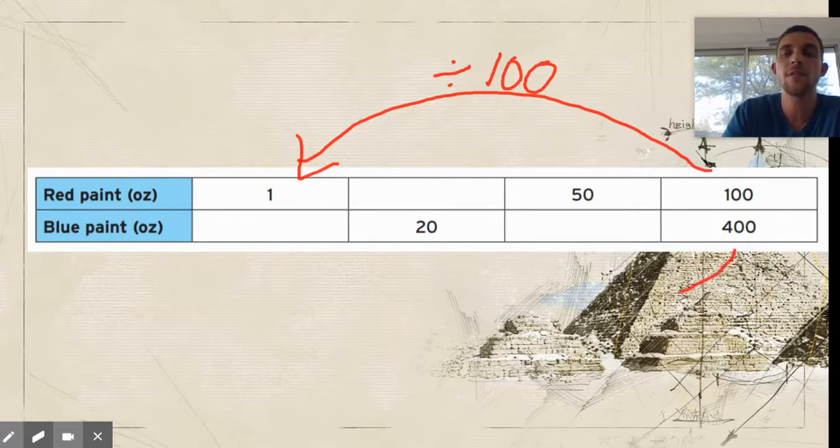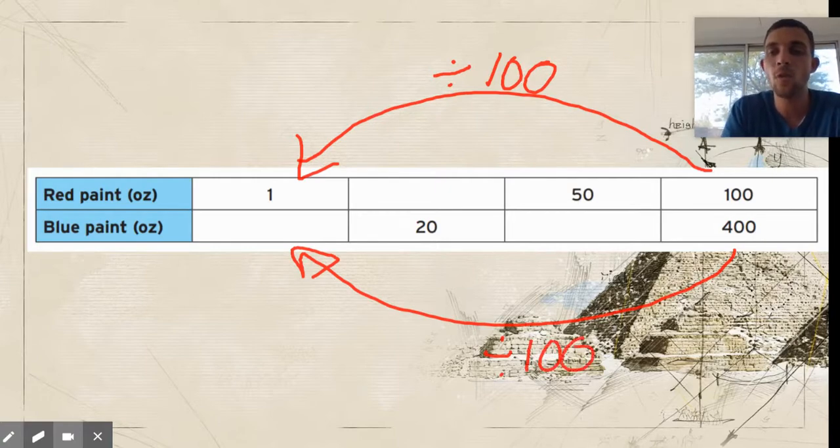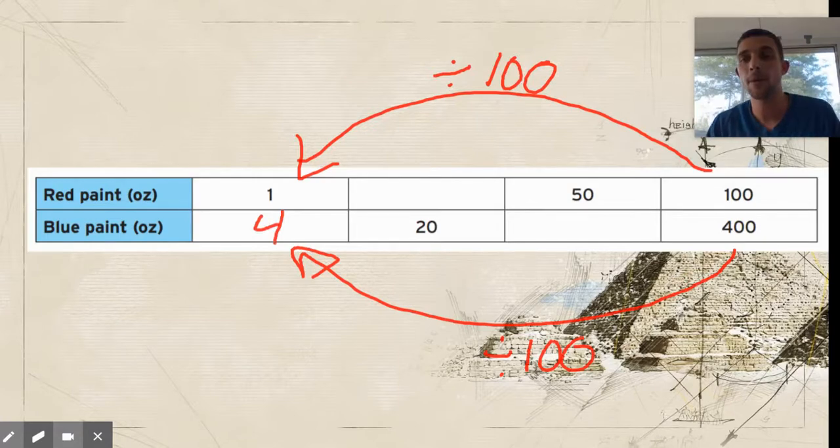So then I'm going to take 400 and I divide by the same thing that's on top. So I divide by 100, and 400 divided by 100 is 4. Let's use our division trick to see if we got it right.